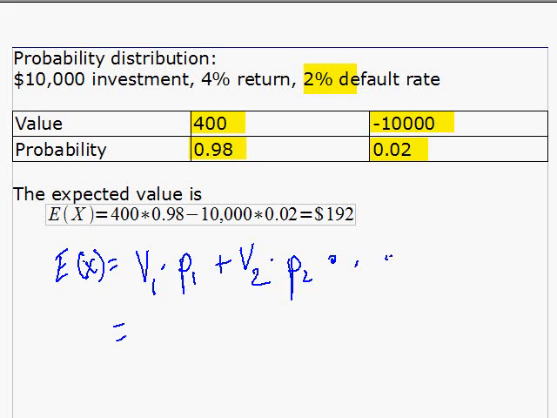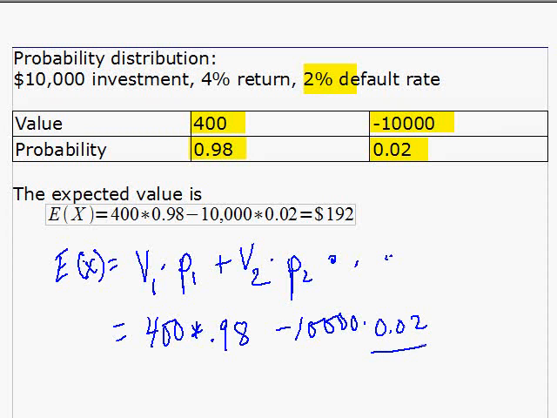In this case, the first value is 400. The probability associated with it is 0.98. The second amount is minus 10,000, and the probability that this will happen is 2%. Always use fractions or decimals, don't use percent in these calculations, you won't get the right answer.